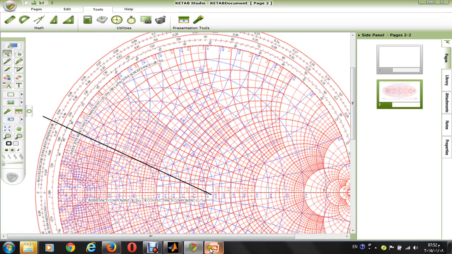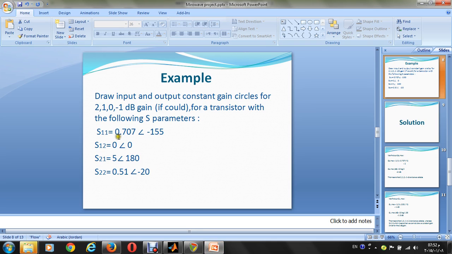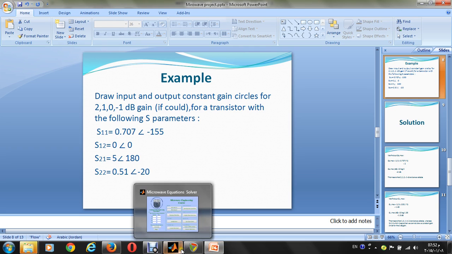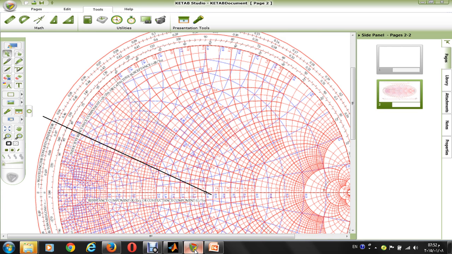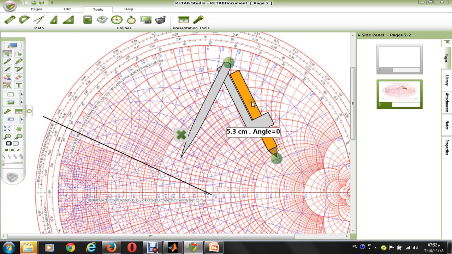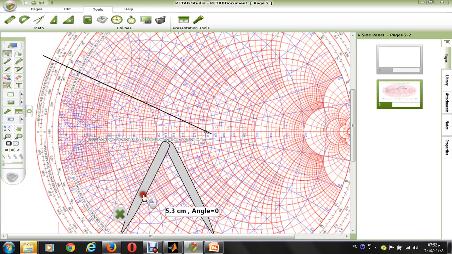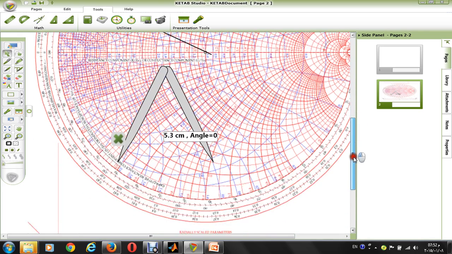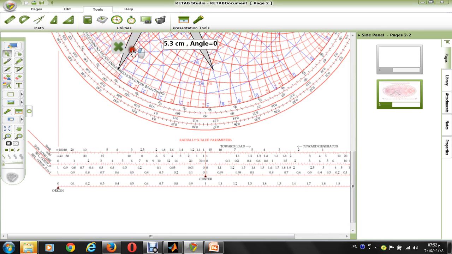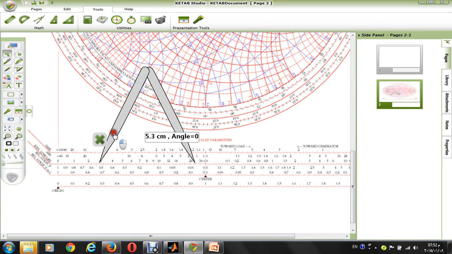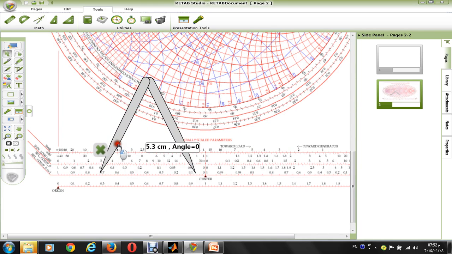Next, I see that the magnitude is 0.707. So I go to Ketab, to the Smith chart. I take the compass. Here it is. I don't want the pencil of it. And my direction is the reflection coefficient scale.